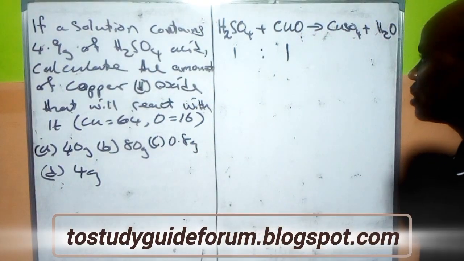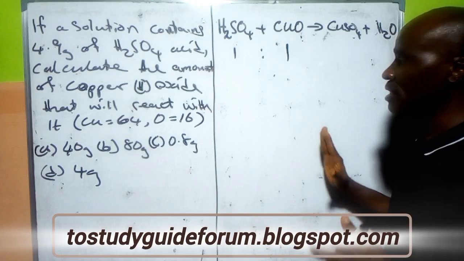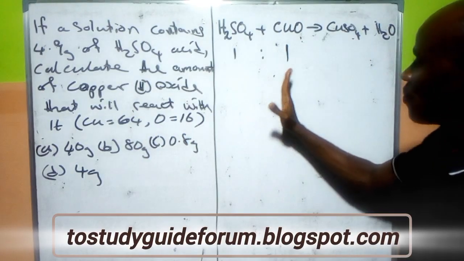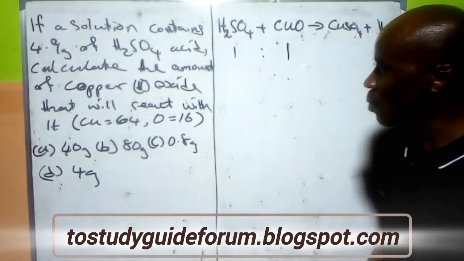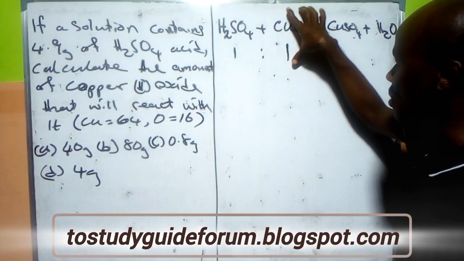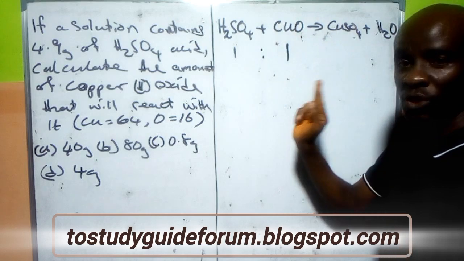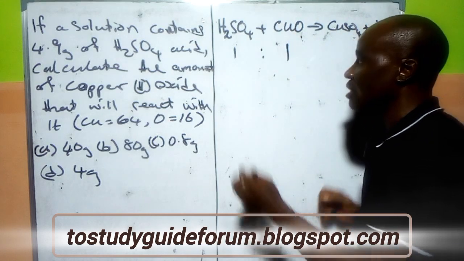we can solve this problem in two ways. But I think the best way is to work based on what we are given, because this question has to do with mass-to-mass stoichiometry. So from this chemical equation, the mass of tetraoxosulfate acid reacting with copper oxide is what?